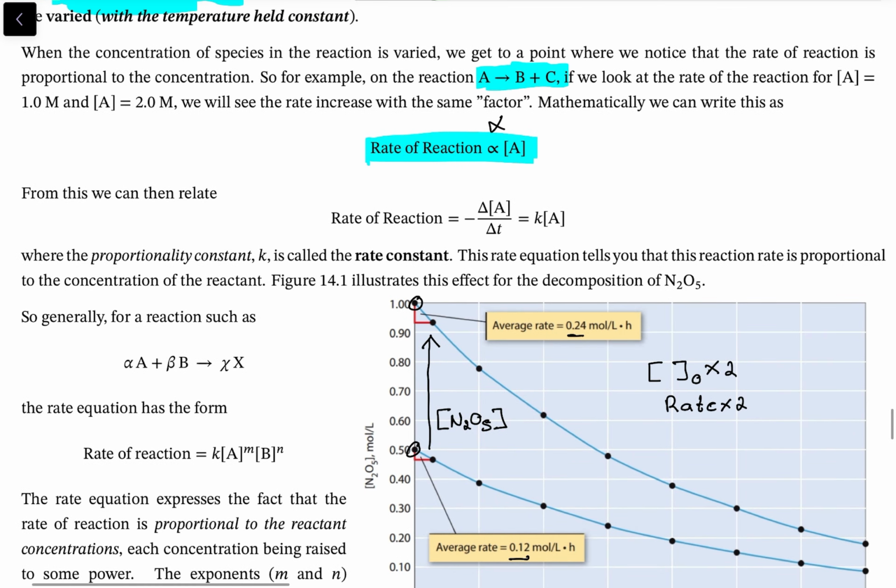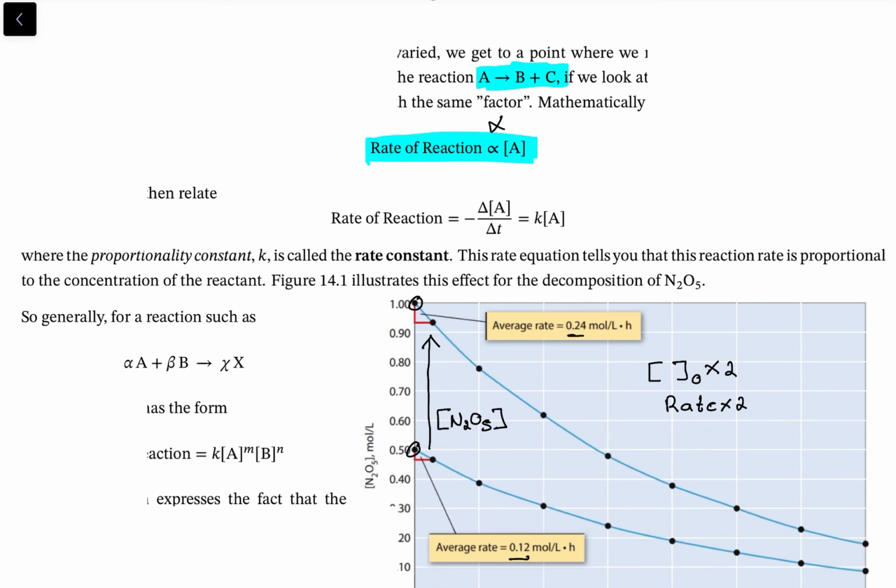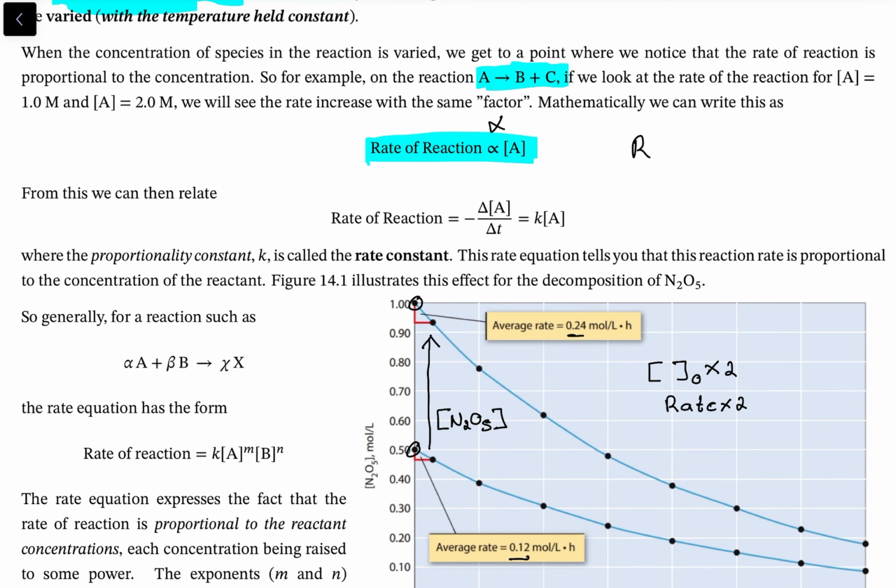Now, anytime in mathematics where you have a situation where you say something is proportional to something else, to get to a point where you can say rate equals that thing, you must introduce a constant.